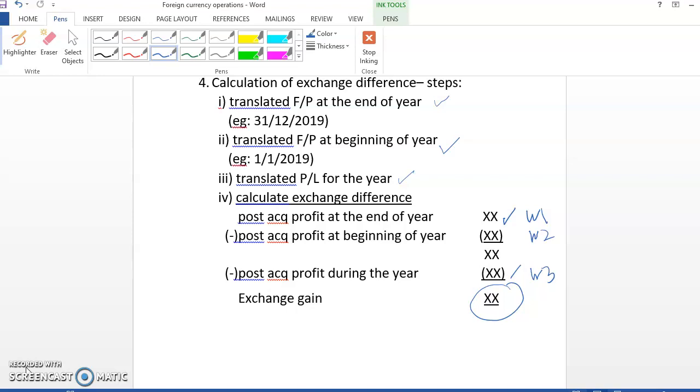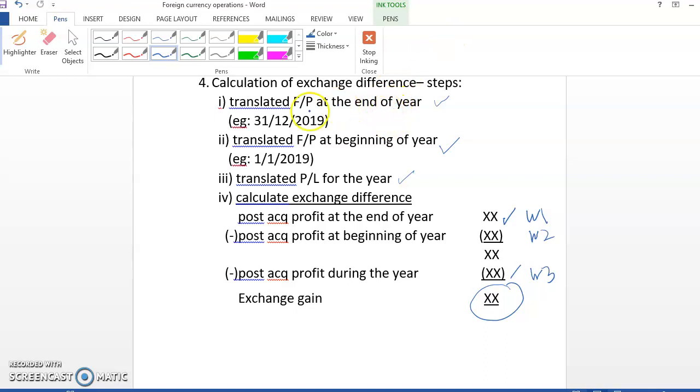The question requires us to prepare the consolidated financial statement by translating the financial statement of S using the net investment method, which is functional to presentation currency. We need to follow the 4 steps like here.